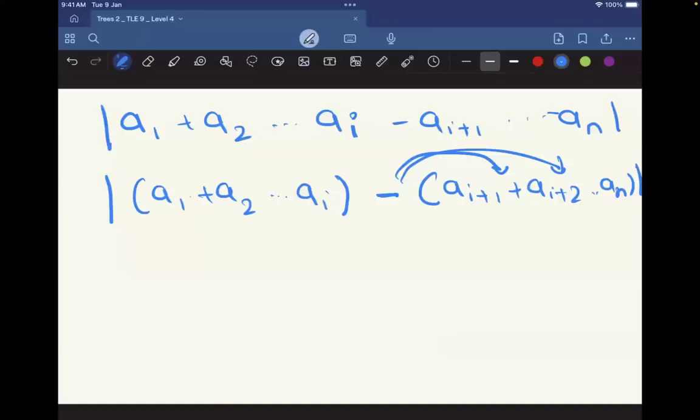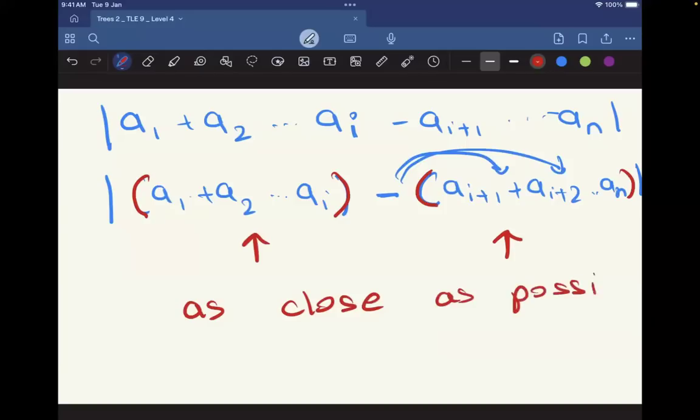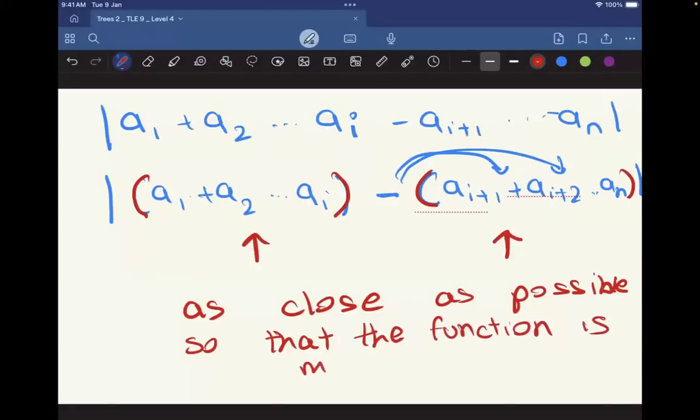Tell me, guys. Okay. Now, since this is clear and we have these two things right now, do you agree that these two terms should be as close as possible, so that the formula that is asked, so that the function which we are asked is minimized?